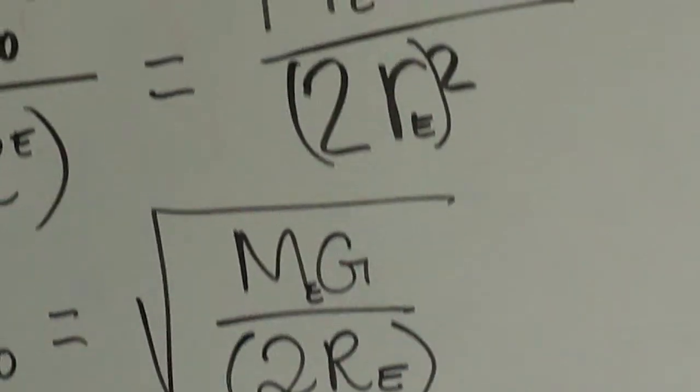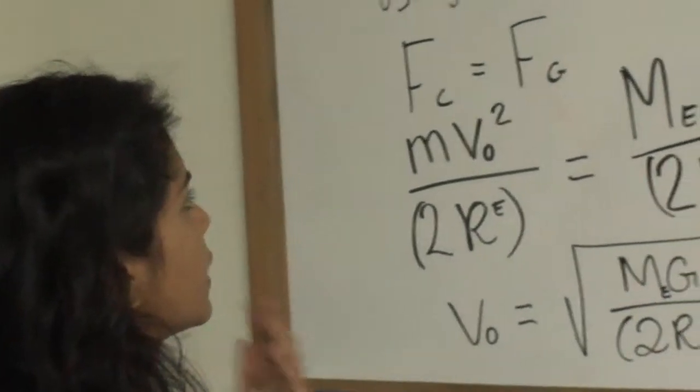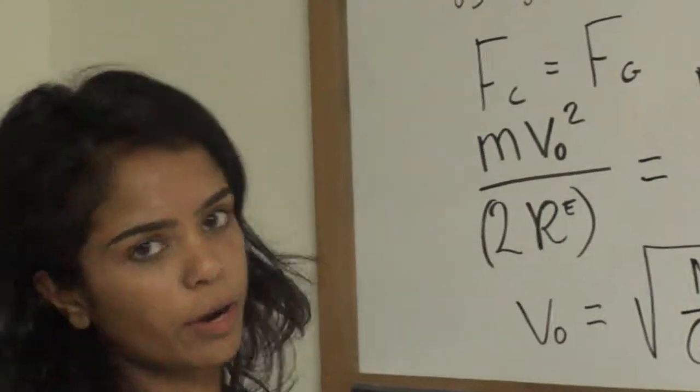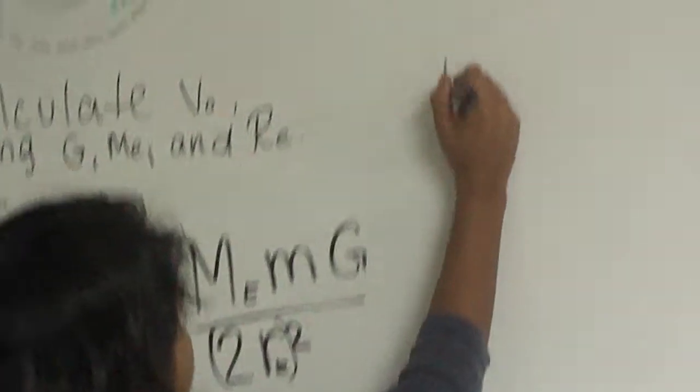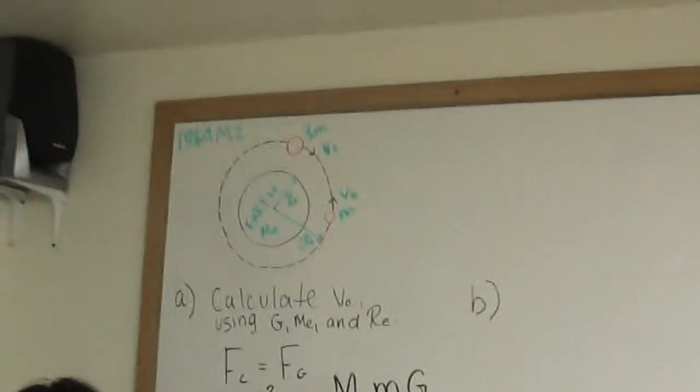And that is through simple algebra, and we figured out part A, which is the velocity using capital G, M, and R.